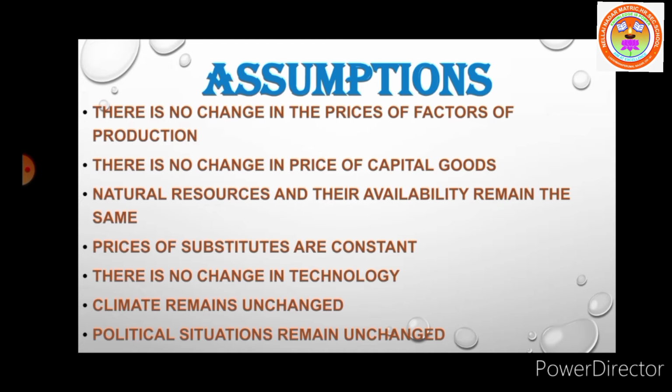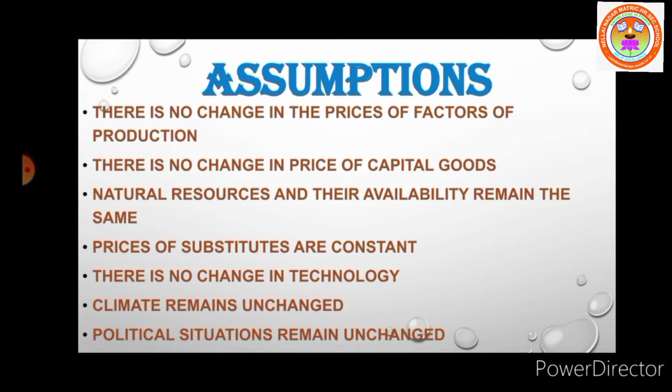Assumptions. The supply function is based on some assumptions. There is no change in the price of factors of production. What are the factors of production? Land, labor, capital and organization. These factors of production prices cannot change. There is no change in the price of capital goods. Capital goods means machinery.